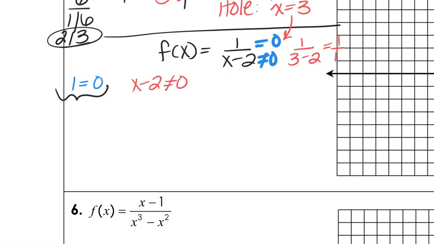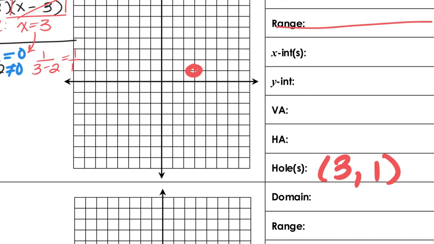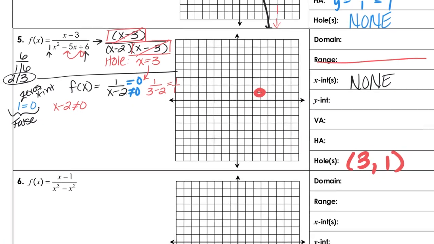Well, let's look at this statement in the numerator: 1 is equal to 0. That is a false statement. 1 can never equal 0. So in terms of zeros or x-intercepts, if that statement is false, then we don't have any x-intercepts. Our function will never touch the x-axis. And that's okay. That's legal. You're allowed to do that.